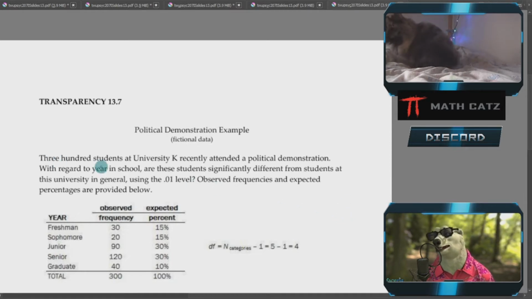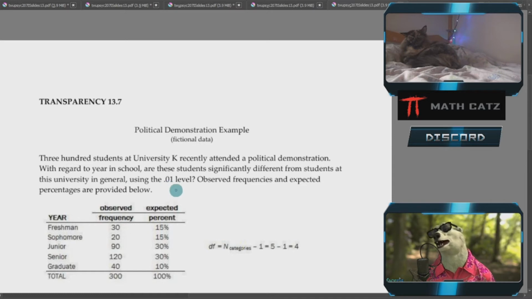So we have 300 students at some university. They attended a political demonstration. With regard to the year in school, are these students significantly different from students at this university in general, based on prior rallies or demonstration attendance?